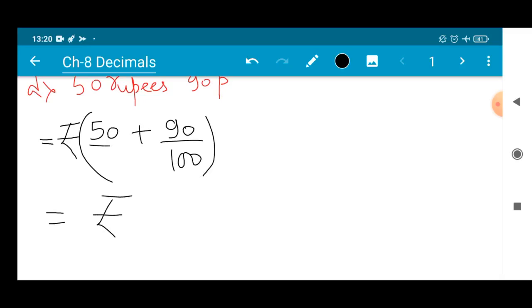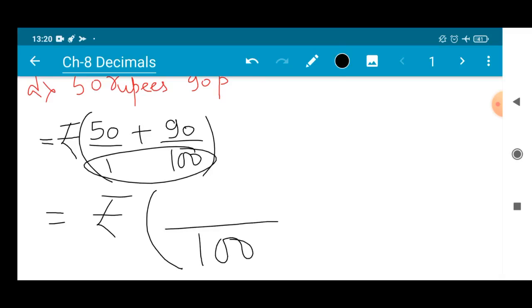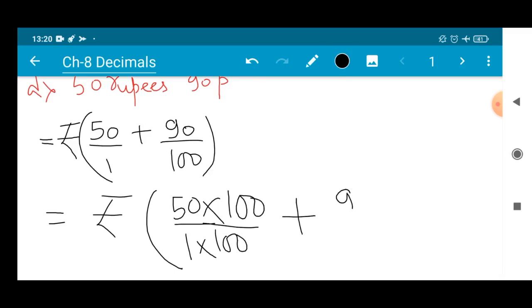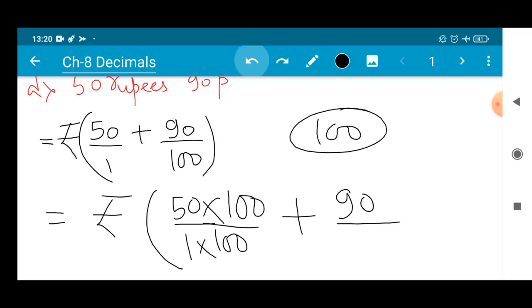So now if I take the LCM of 1 and 100, what will I get? I'll get 100 only. Yes, the LCM of 1 and 100 we have done in the previous sum also. The LCM of 1 and 100 is 100. So 1 into 100 should be multiplied because I have to make this 100. If we are multiplying with 100 in the denominator, we also have to multiply 100 in the numerator, right? As our LCM was 100, no need to change this denominator.